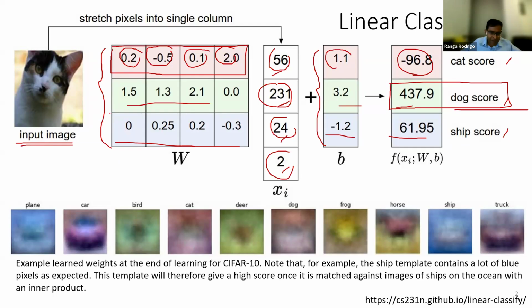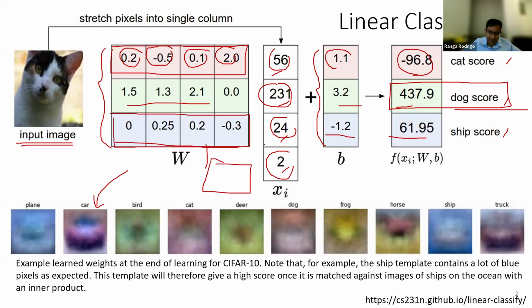Once you do that, and if you take this row, remember it is not just four numbers, it will have many more numbers. For this story example, we are showing four numbers. Arrange those many numbers into the shape of an image, and for the car row you will see a blurred car. That's like a template.